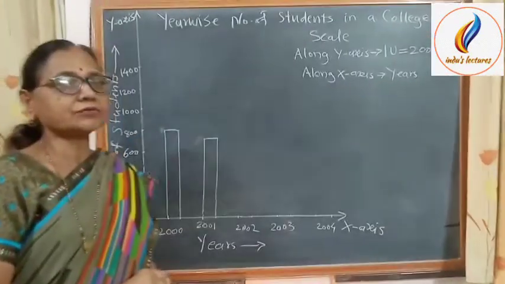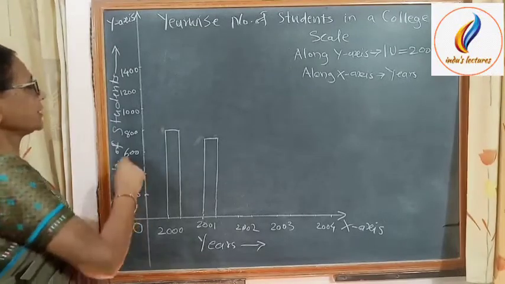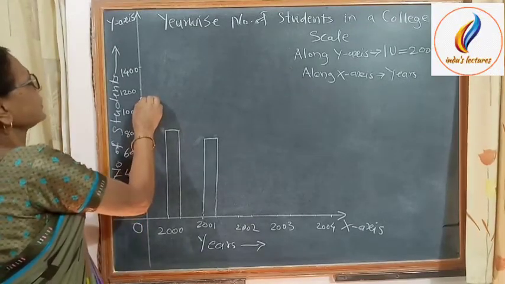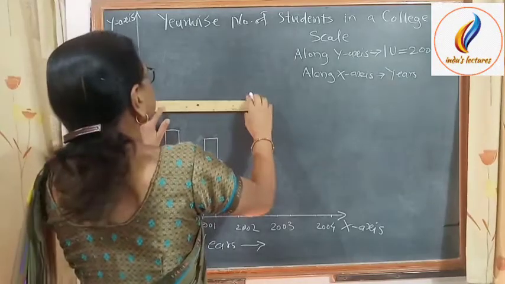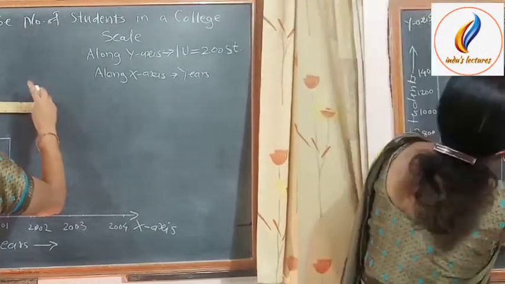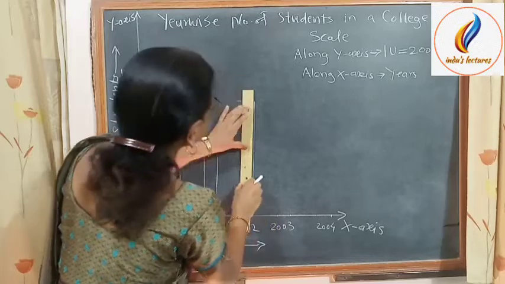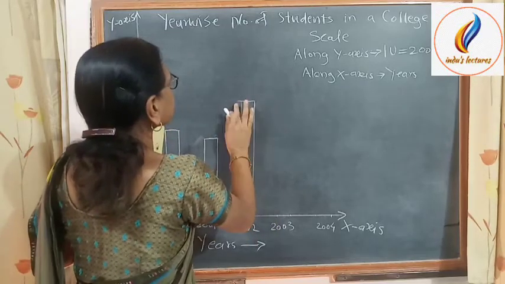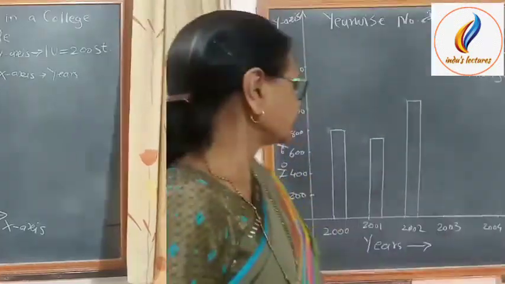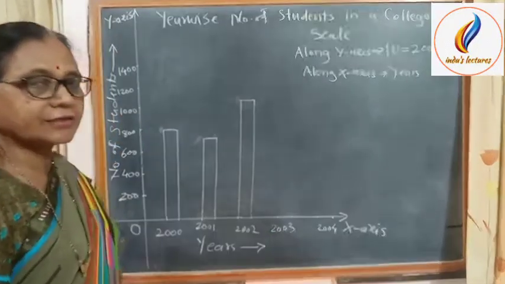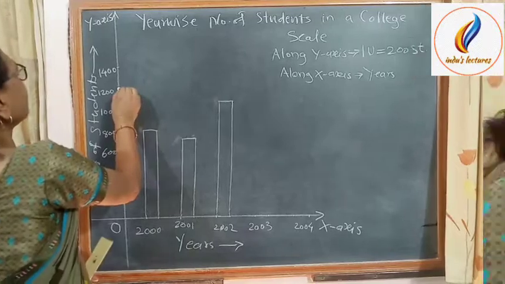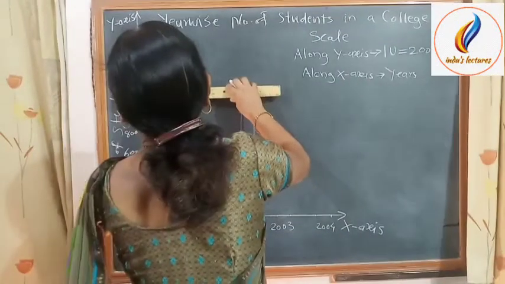In the year 2002, the number of students is 1100, so we will take the point 1100. The strength in the year 2003 is 1200, so we will mark 1200.